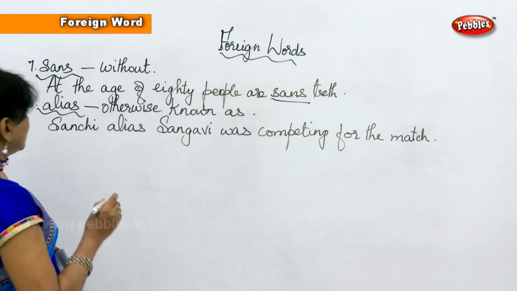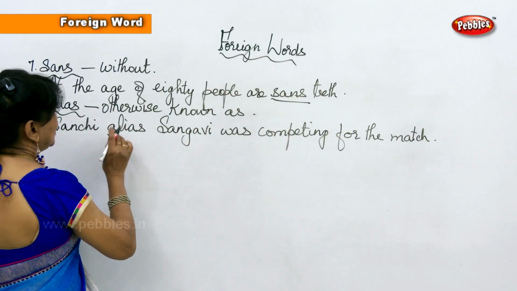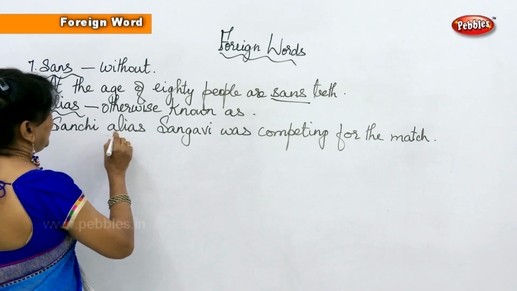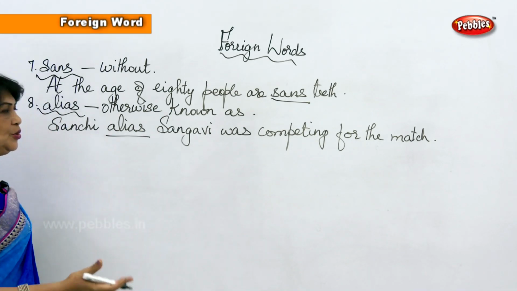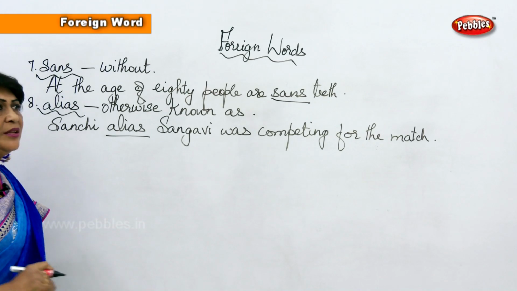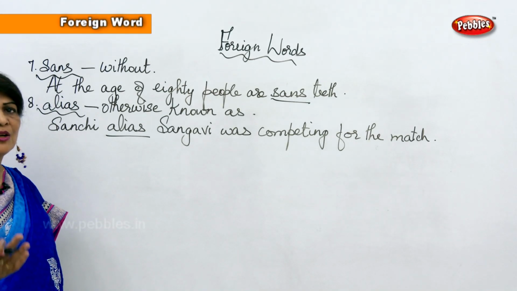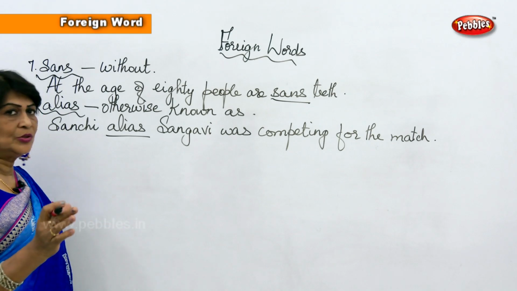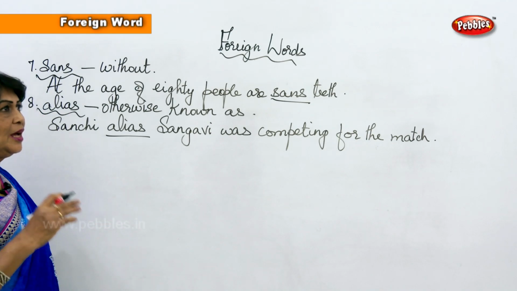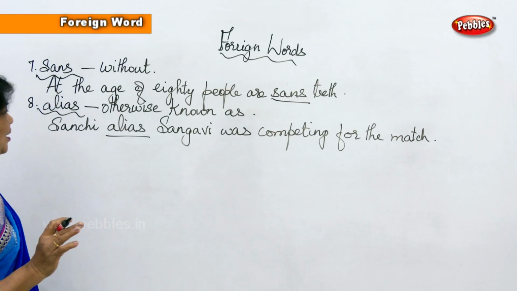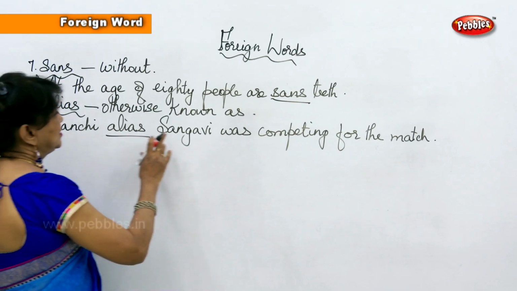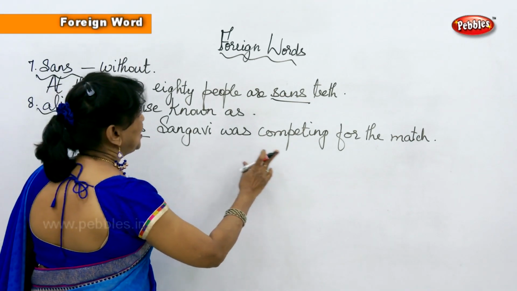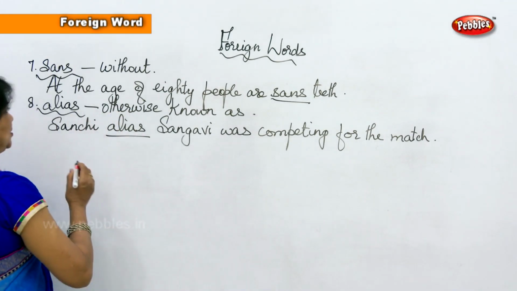Now look at this, Sanchi alias Sangavi, otherwise known as. Sometimes even in a wedding invitation card or anything you find so and so alias so and so. That means otherwise known as. Okay, Sanchi alias Sangavi was competing for the match.